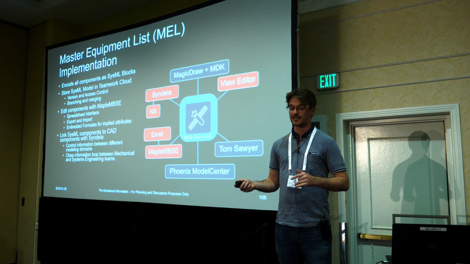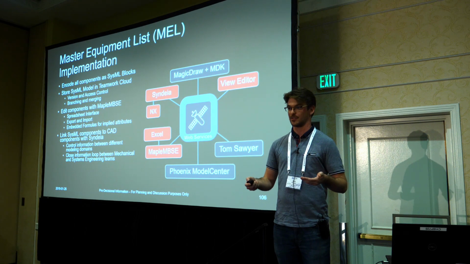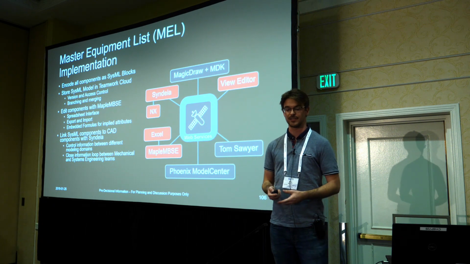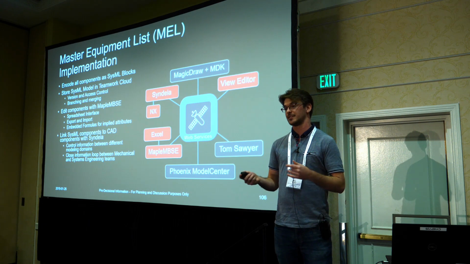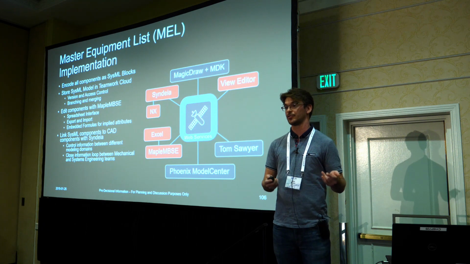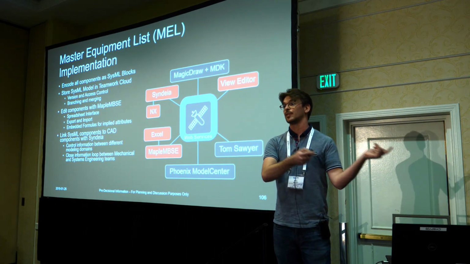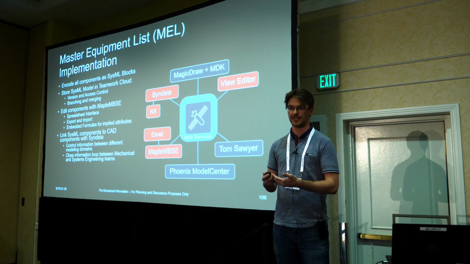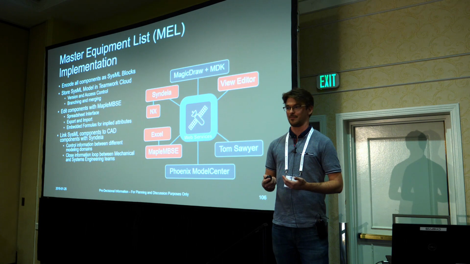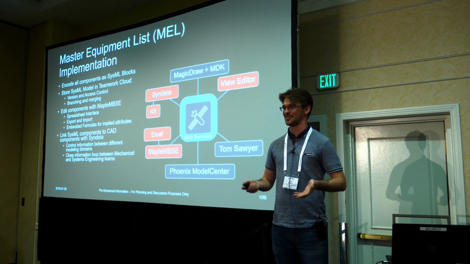And then additionally, we could edit the components as things are going on, so this is the continuity piece. We could also use a tool called Zendaya to connect to their mechanical system engineering CAD model and pull that data over, to make sure that if we're talking about this motor controller, it weighs the same in the CAD as in the systems engineering MEL, which was done by hand forever.